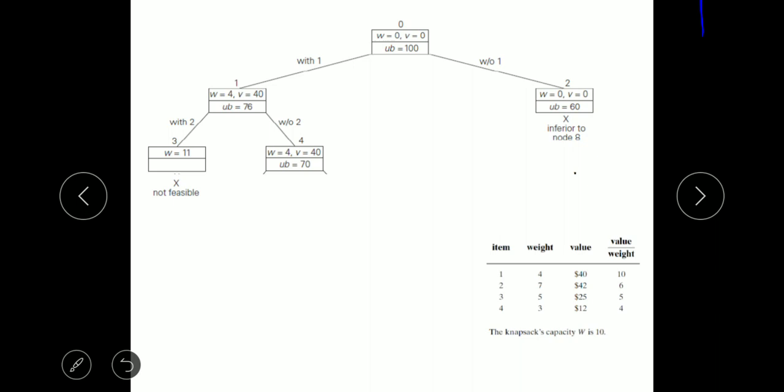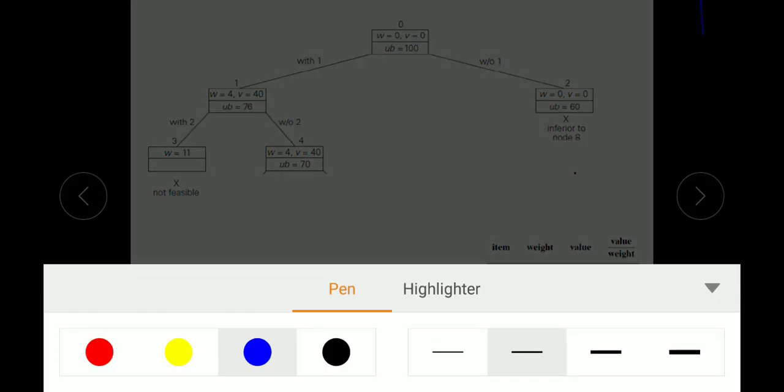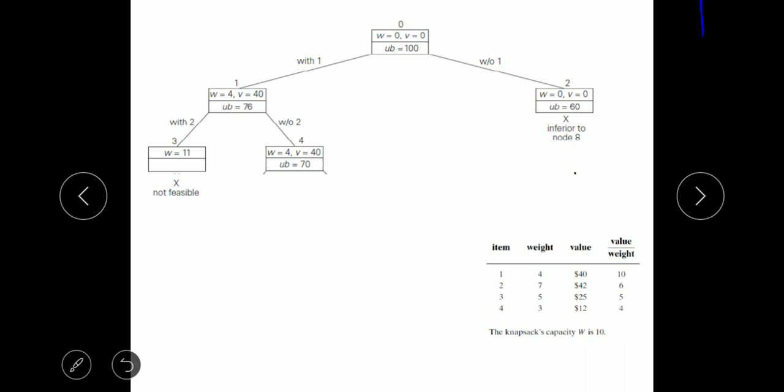So let us try to include the second item into the knapsack. When we include the second item, the remaining capacity of the knapsack is now equal to 6, because the first item's weight is 4. Once you have included item 1, the remaining capacity has become 6.